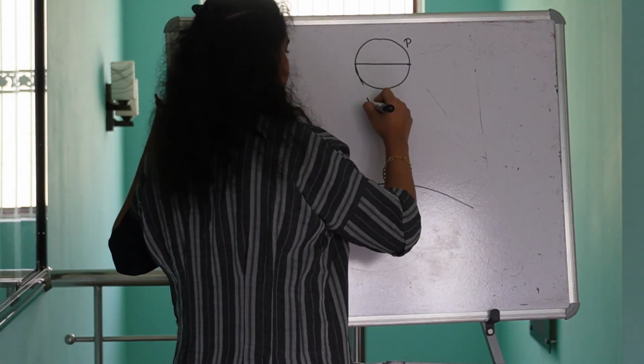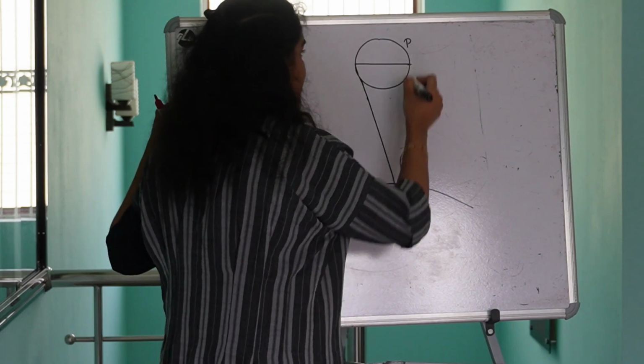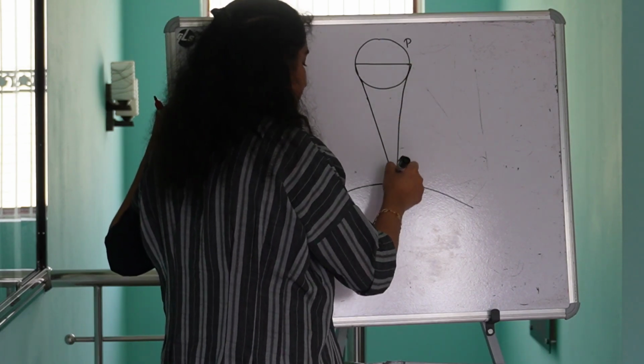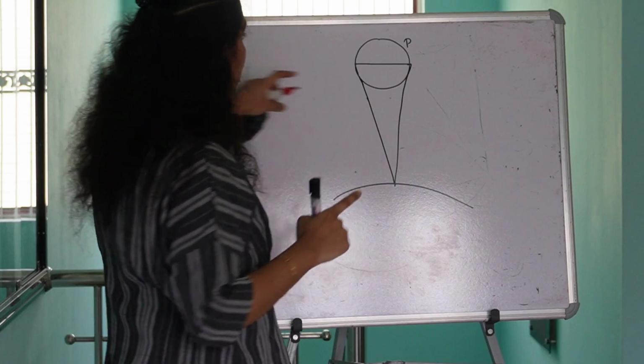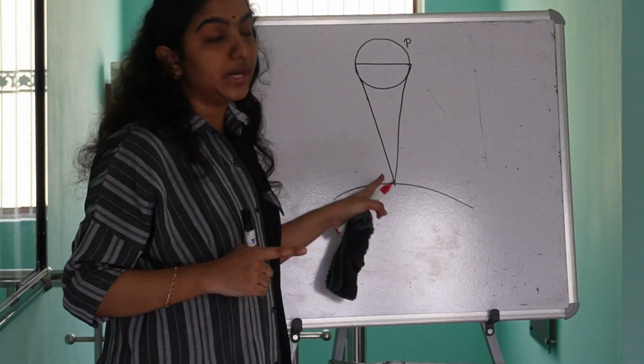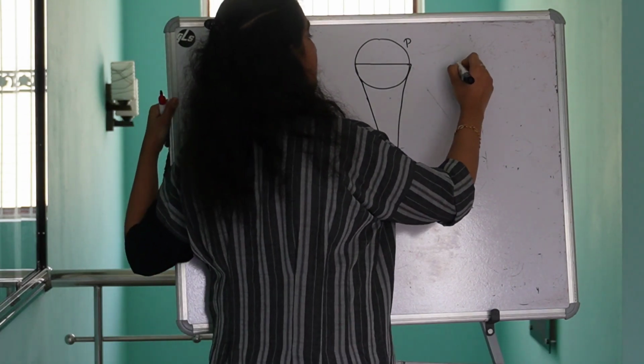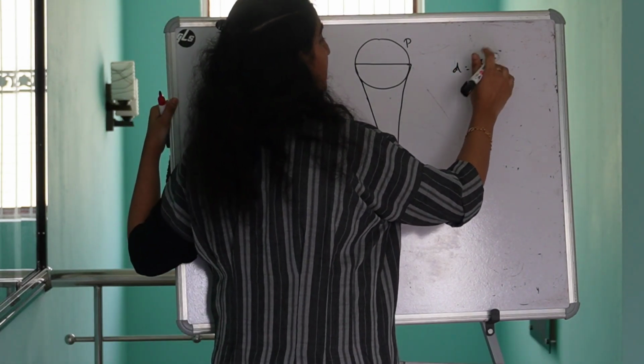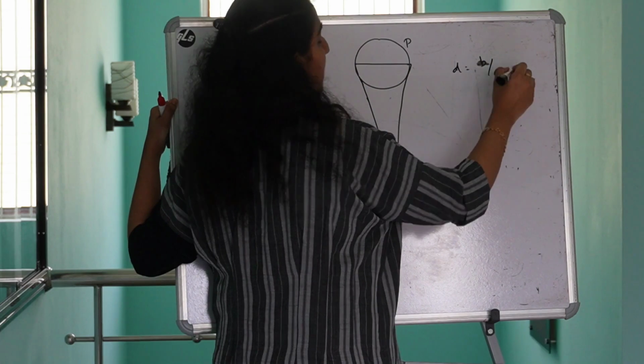So the first step is to find the distance to the planet. Find the distance to the planet from the Earth's surface using the equation, distance D is equal to arc length B divided by theta.